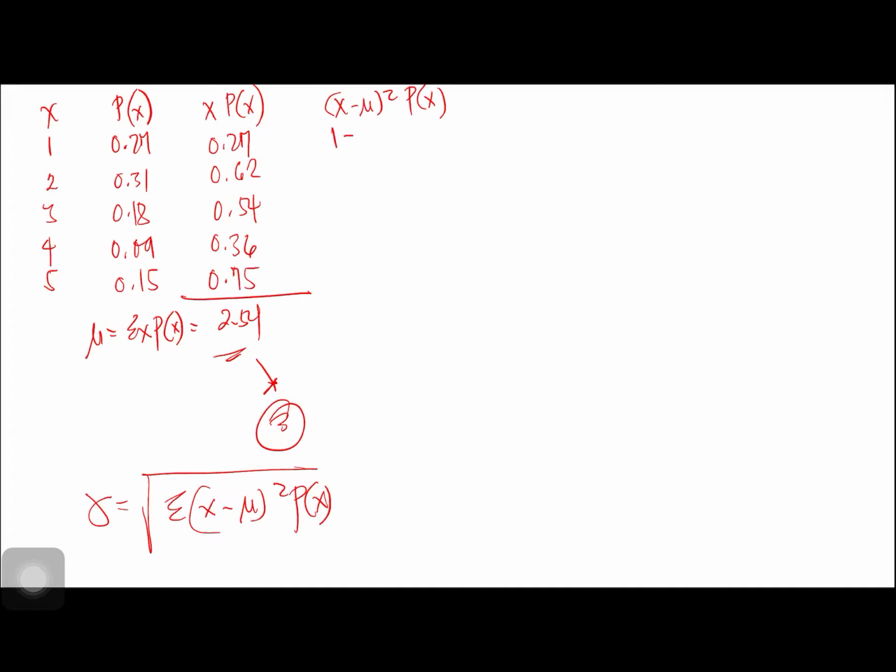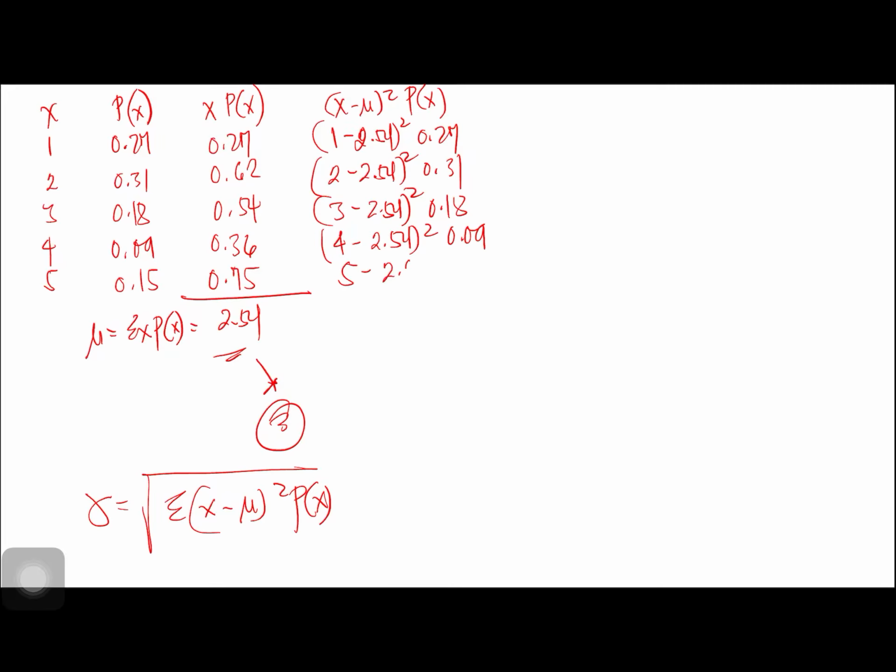For this, we have 1 minus 2.54 squared times 0.27. 2 minus 2.54 squared times 0.31. Then 3 minus 2.54 squared times 0.18. 4 minus 2.54 squared times 0.09.